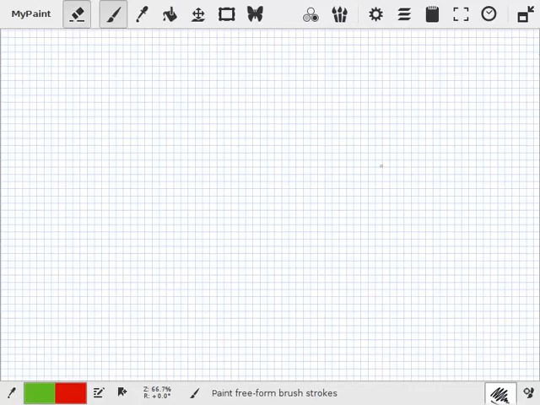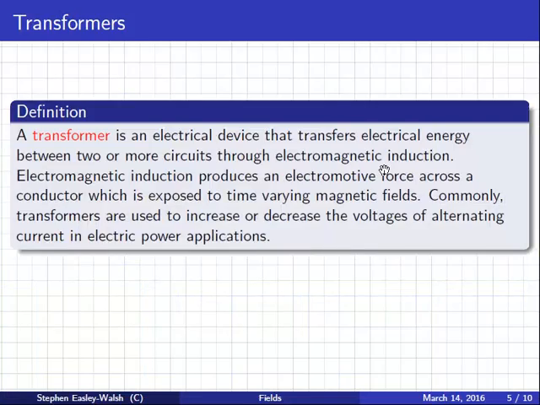I'll explain what it is, and you can write some of this down. I'll tell you which part to write down. Really, it's the last part. Commonly, transformers are used to increase or decrease the voltage of an AC. So, for example, this here is 220 volts, but my laptop, I think, only needs like 6 or 12 volts.